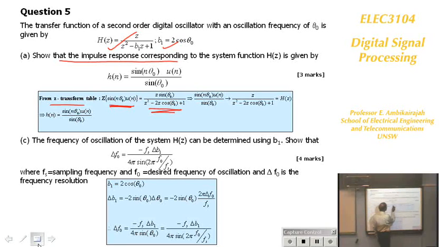And if you work on the inverse of this one, which implies the inverse will be sin n theta naught un over sin theta naught. That's your inverse. And that is coming from here.